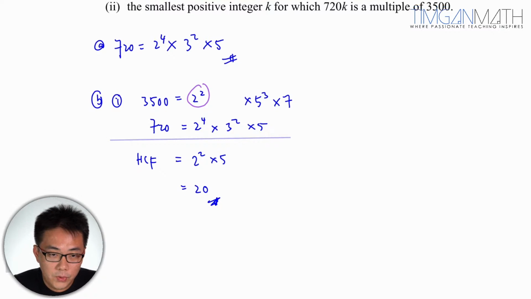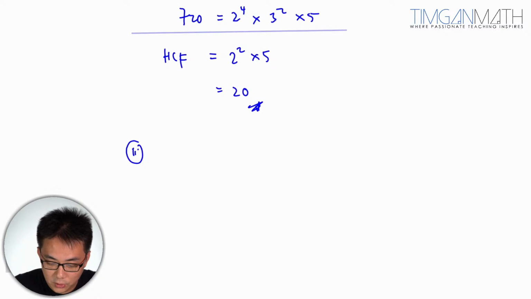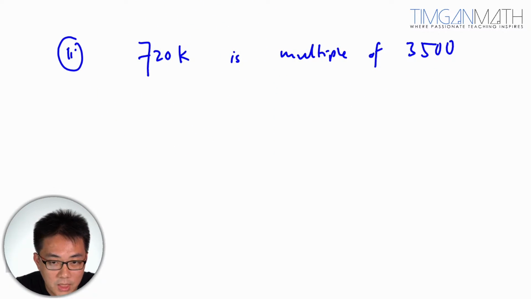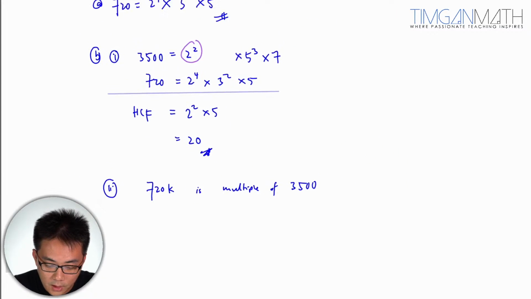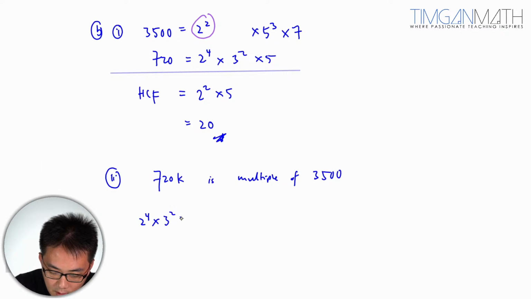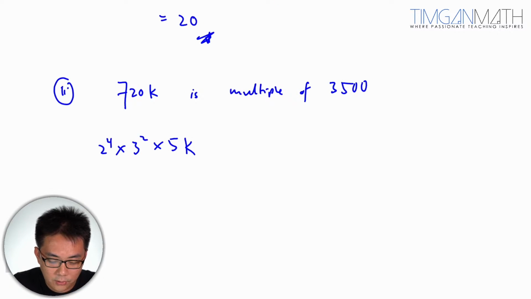Let's look at part 2. You're told to find the smallest positive integer k for which 720k is a multiple of 3500. Okay, this is interesting. So we try and understand what's going on here. 720 is 2 to the power of 4 times 3 squared times 5, and k times that is a multiple of 3500.